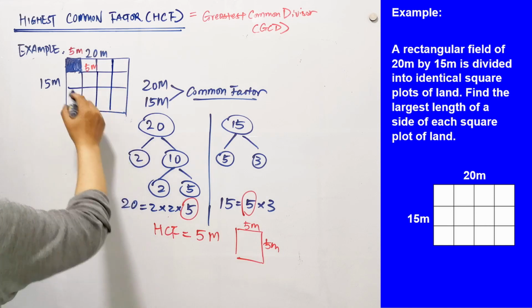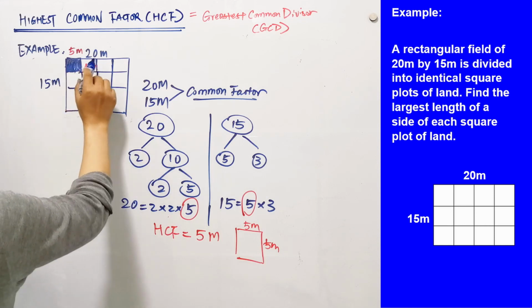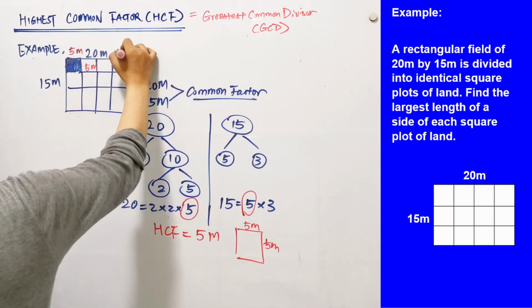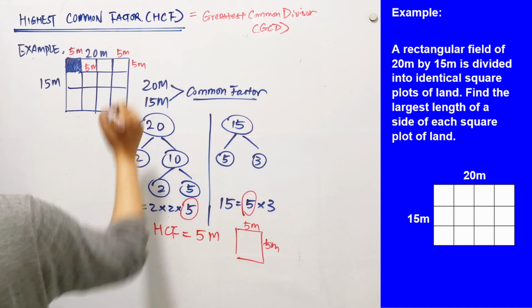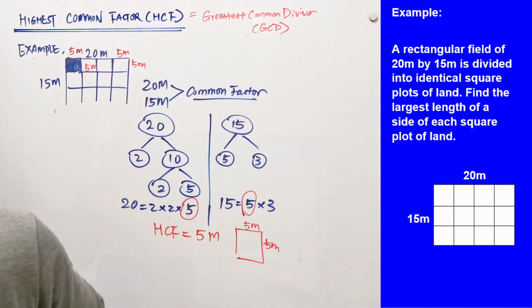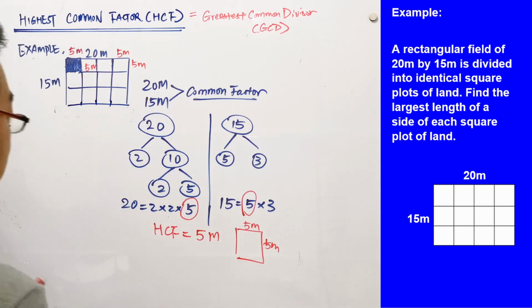Okay, something like this. So we have 1, 2, 3, we have 4. 1, 2, 3, 4. Okay, so in this case, here is 5m. Here is 5m. Of course, not to scale, right? Okay, this is the answer.